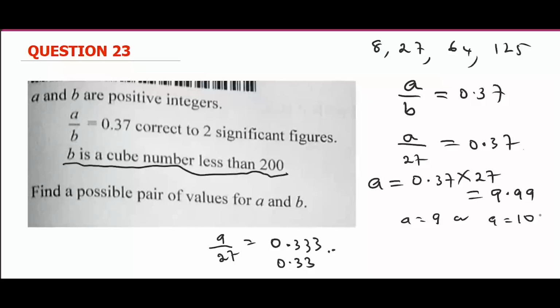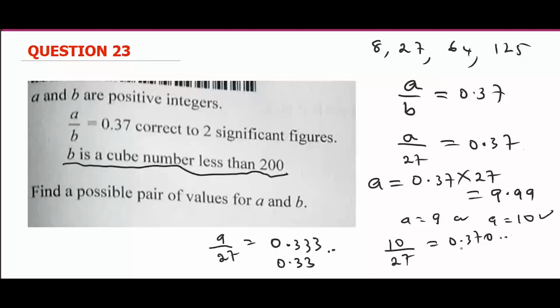So let's take the value of A to be 10 for the second possibility. So 10 divided by 27, where the value of B remains 27. If you take your calculator and do 10 divided by 27, that will give us 0.370 and so on and so forth.